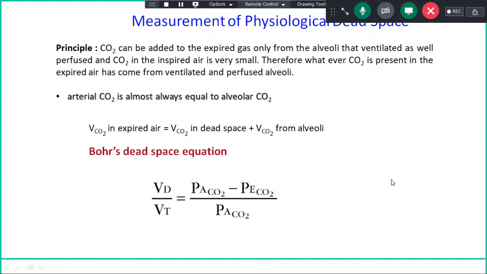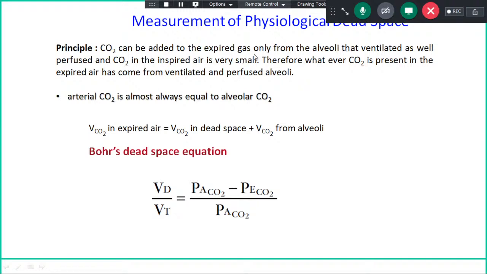So these are the two things, and the second is the conservation of mass, that is, whatever amount is taken in the tidal volume is equal to anatomical dead space plus the alveolar ventilation, and that's how we will use carbon dioxide to derive the total physiological dead space. I will just read it for you so that I have not missed it.